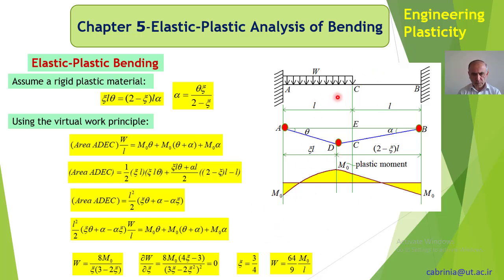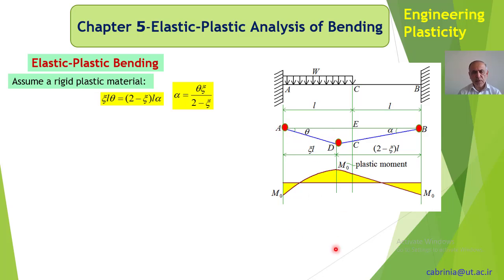So in this kind of problems, you can see that we can solve it very easily using the plastic hinge and collapse load. And why do we call it collapse load? Because if this MO reaches that, in fact this is for the complete plastic deformation here, completely plastic. MO is the complete plastic moment. So if MO reaches that value, this W is the collapse load, which means that the beam collapses.